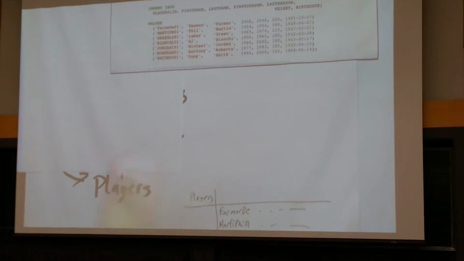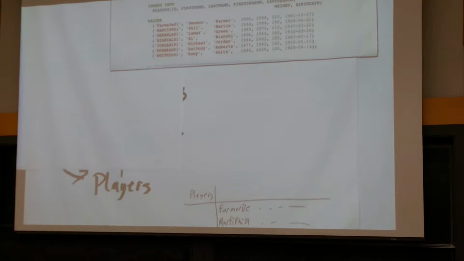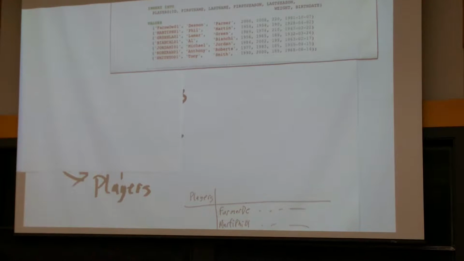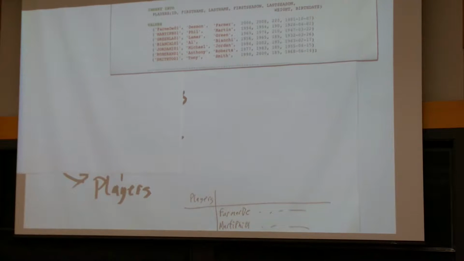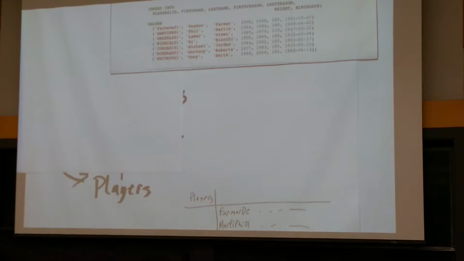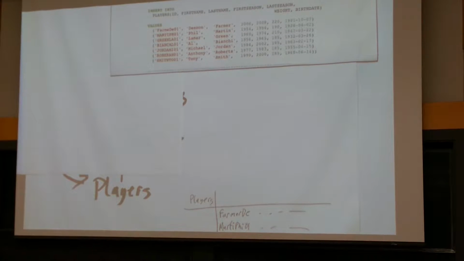Okay, so we could put one column in each array. Farmer, D01, Damon, Farmer, 2006, 2008, 220, and so forth. What kind of data representation do we use? What kind of object? What class do we use to represent every element of that?